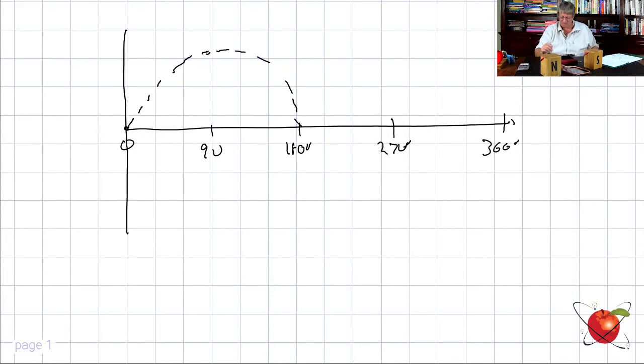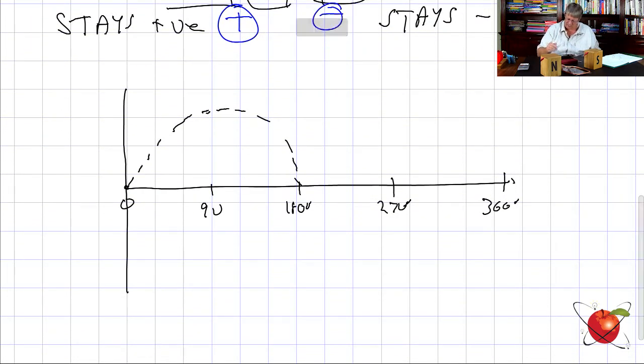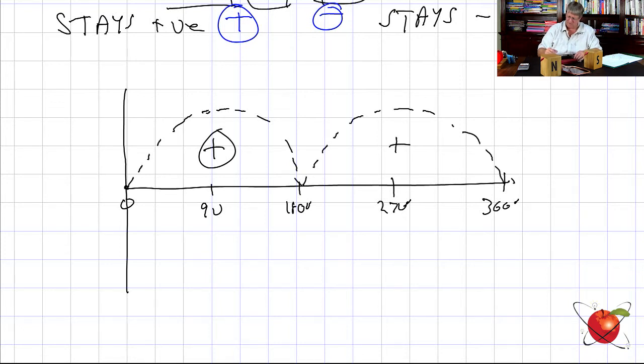But on this one, brush 1 stays positive. It was positive moving up to 180, and now it stays positive. So yes, it does this, because brush 1 stays positive.